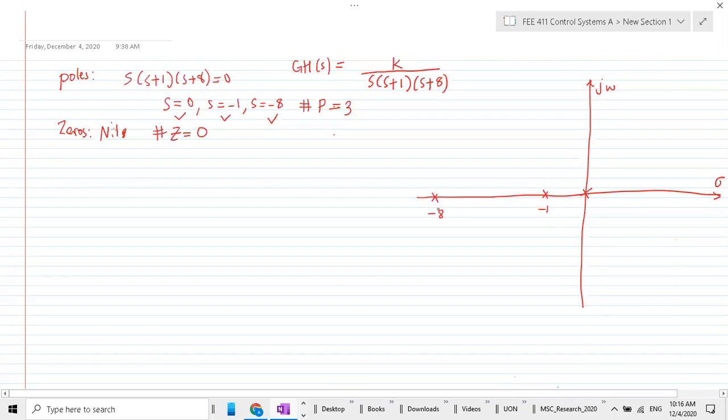After that, you check if there is any locus along the real axis.